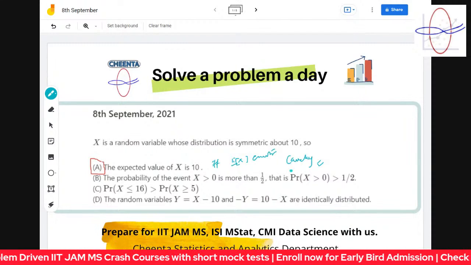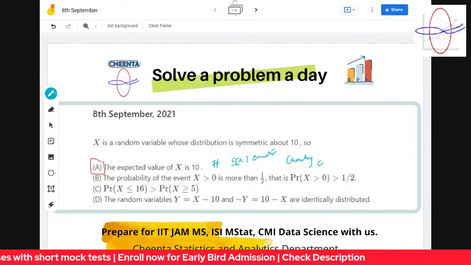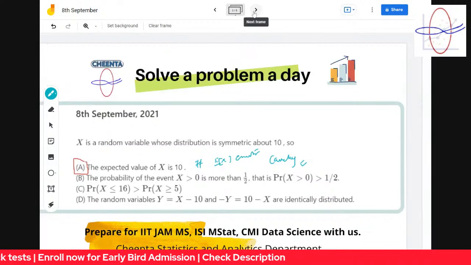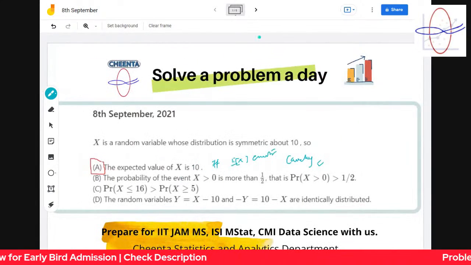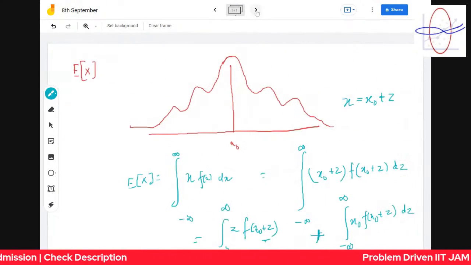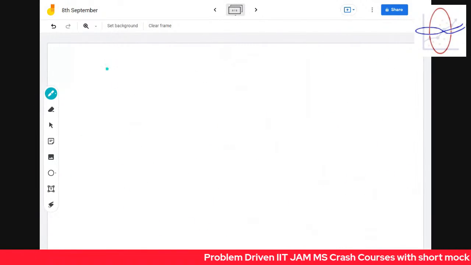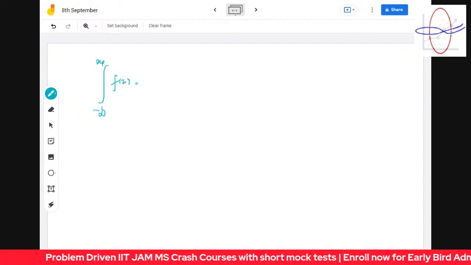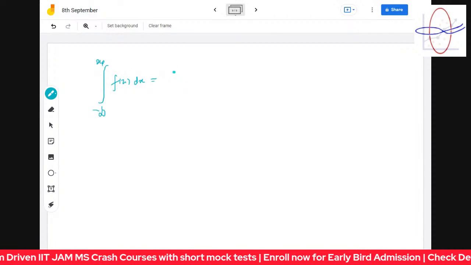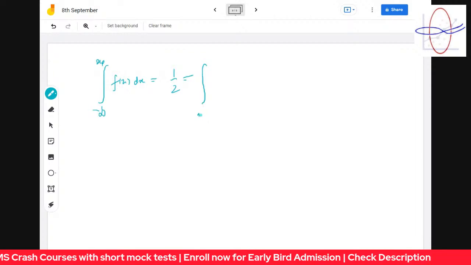Okay, so now coming back to the probability of this event and the rest of the options, let's check that. It will be easily understandable by the geometry of the whole thing. Since it's symmetric, the integration from minus infinity to x naught of f(x) dx will be equal to half, which will be equal to the integration from x naught to infinity of f(x) dx.